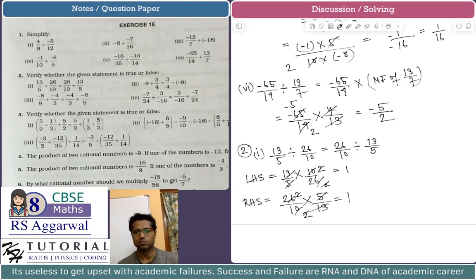Now why is this so? I think I did it right. 13 by 5 multiplied by 10 by 26, and the right hand side is 26 by 10 multiplied by 5 by 13.